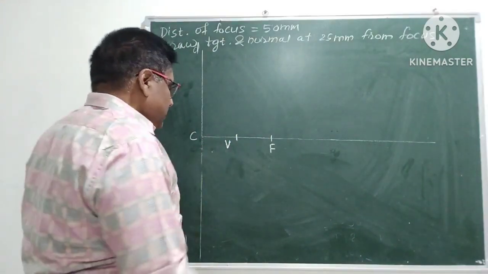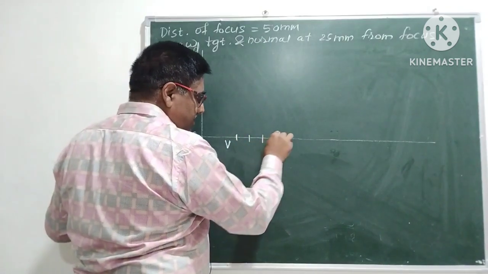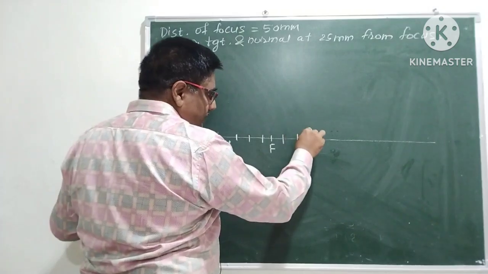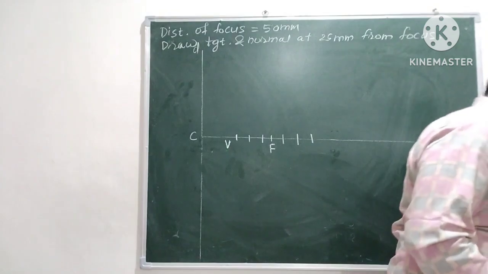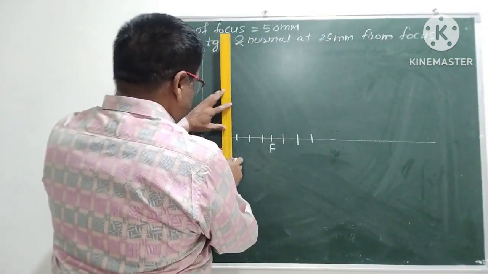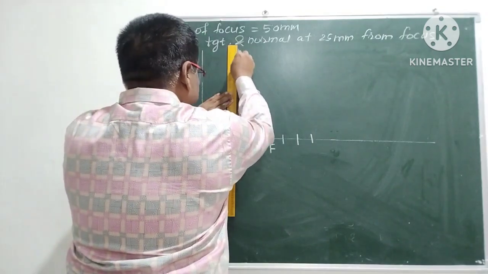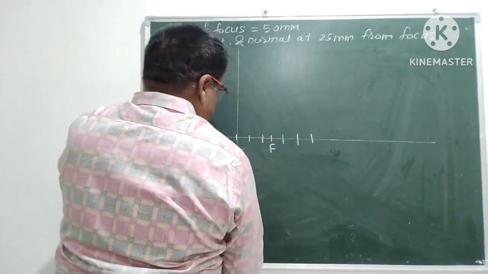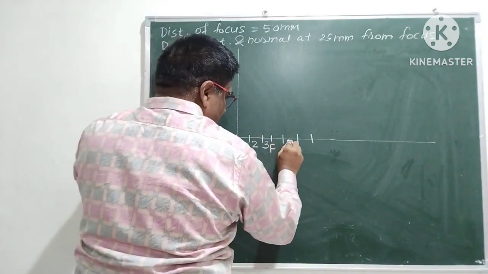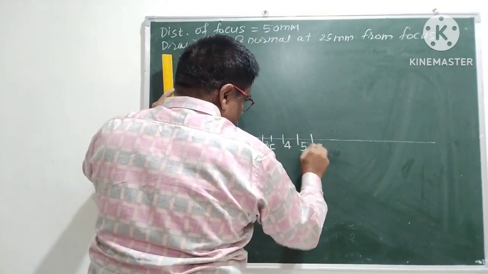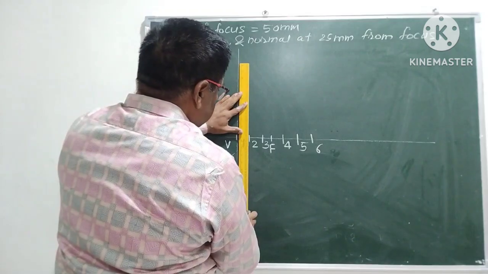Now after this, divide this line ahead of the vertex into a number of parts, not necessarily equidistant. Take 6 to 7 points, which is enough for the construction of the parabola. Let us name these points 1, 2, 3, 4, 5, 6. Draw vertical lines through all these points.